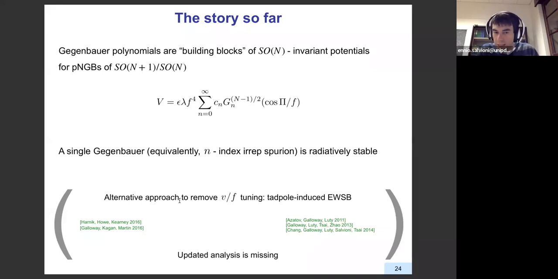I think an updated analysis with the latest bounds from the LHC is missing, so it's not completely clear to me where we stand here. But I think it's worth mentioning. It's a possibility that does work in that sense.